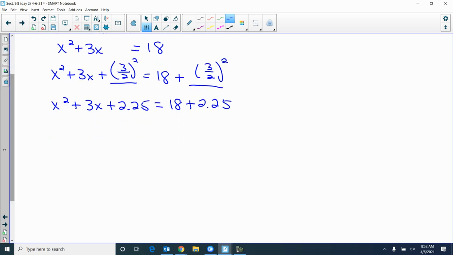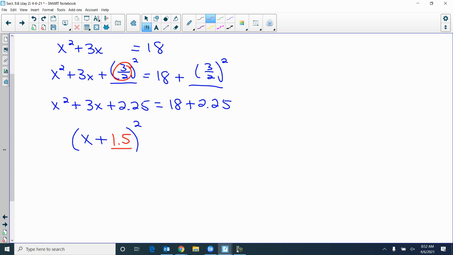What does this factor into? Now, this is a hard one. It factors into x plus something, squared. And this is always going to work out to be the same number, a specific number here. Is that 1.5? He says 1.5. Okay, here's what happens. As long as we do this right, whatever this number is divided by 2 is always going to go here.